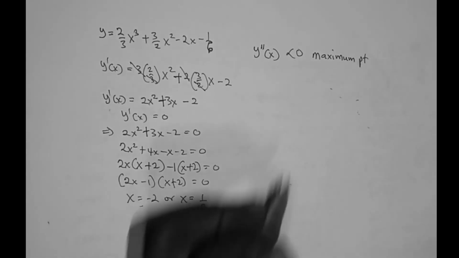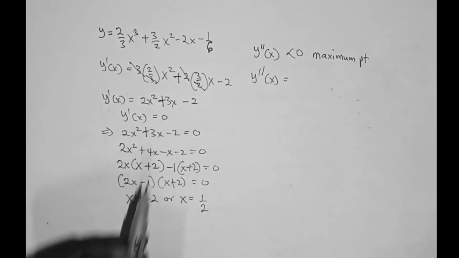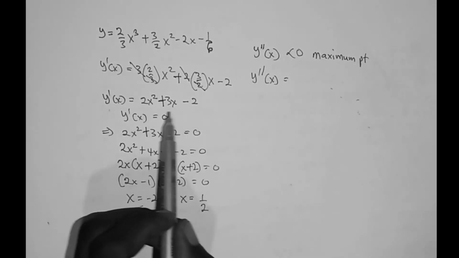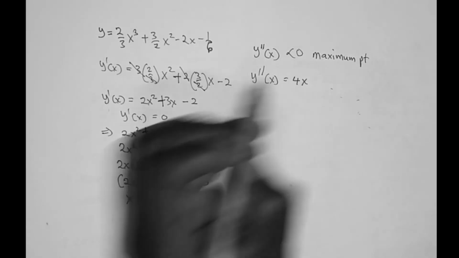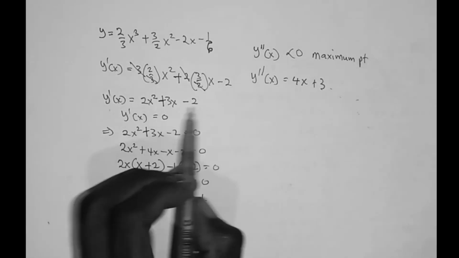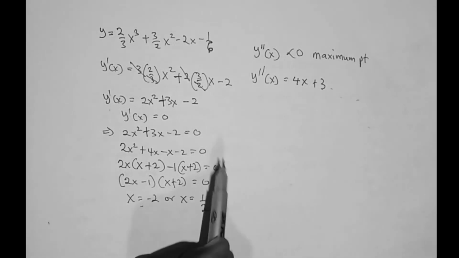So therefore, let's find y prime prime of x. So we take y prime of x and further differentiate. If we differentiate 2x squared, we get 4x. And if we differentiate 3x, we get plus 3. And if you differentiate minus 2, it's equal to 0. So y prime prime of x is equal to 4x plus 3.